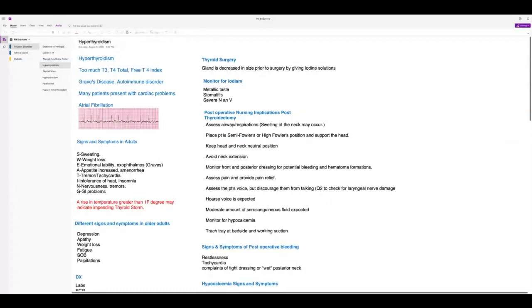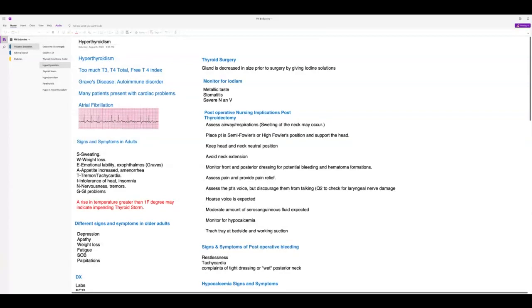Exophthalmos. This is bug eyes. If you look in your book, there's a really good picture showing what that looks like, and that's part of Graves' disease. A is for appetite is increased, and amenorrhea. The appetite is so big because remember, they're revved up. T is for tremor and tachycardia because they're revved up. I is for intolerance of heat.